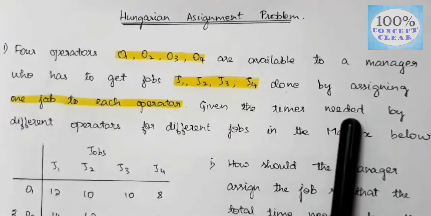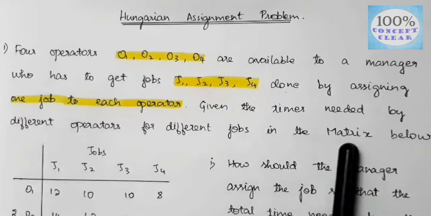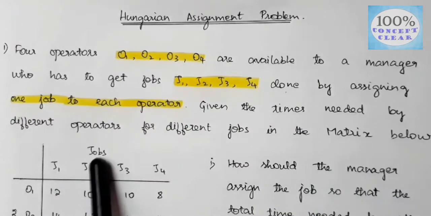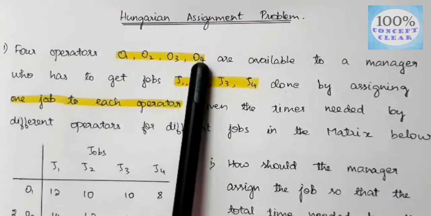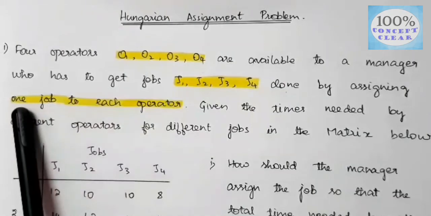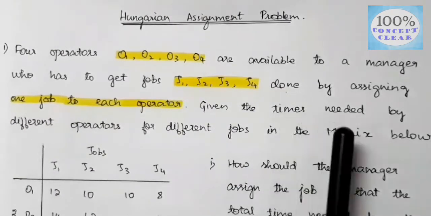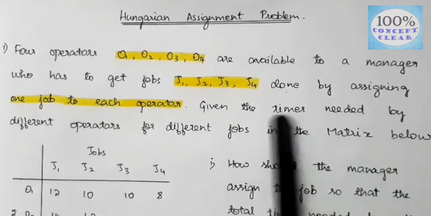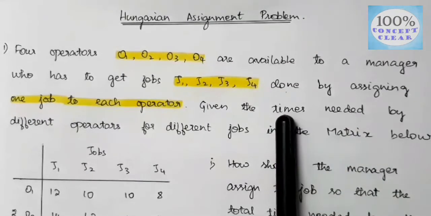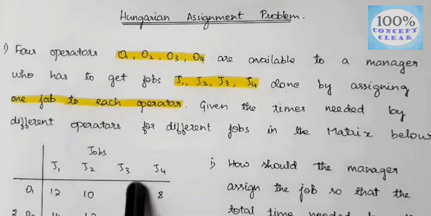Given the time needed by different operators for different jobs in the matrix below, we are given with 4 operators and 4 jobs and we have to assign one job to each operator. Then in the matrix they have given the time needed. So always time should be in minimum.